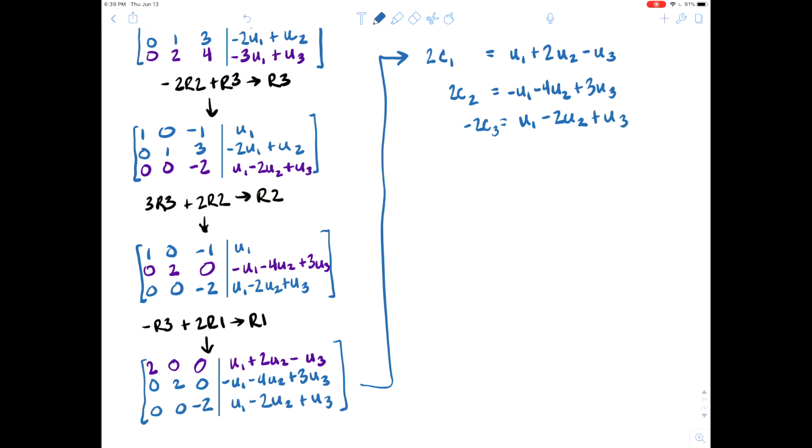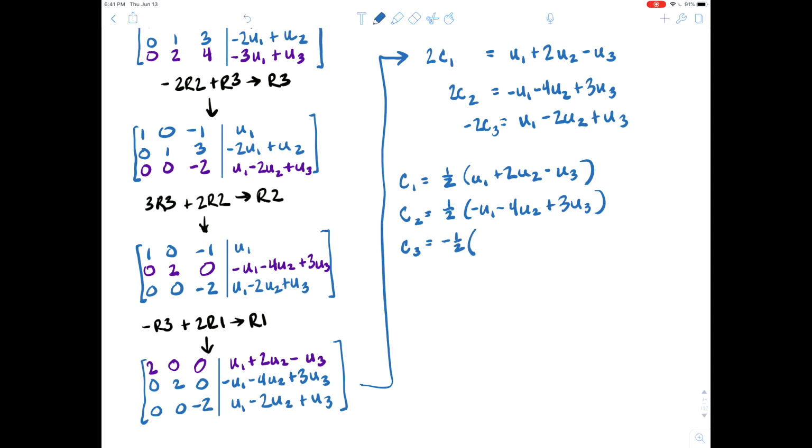And then isolating each, we'll get C1 is 1/2 times U1 plus 2U2 minus U3. C2 would be 1/2 times negative U1 minus 4u2 plus 3u3. And for C3, we will have negative 1/2 times u1 minus 2u2 plus u3.